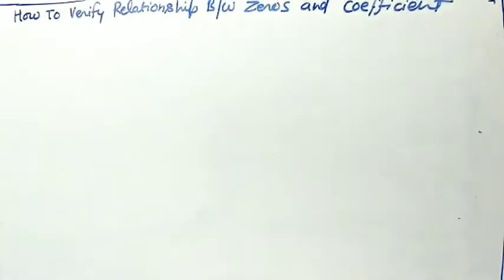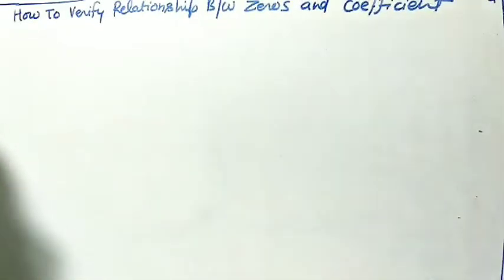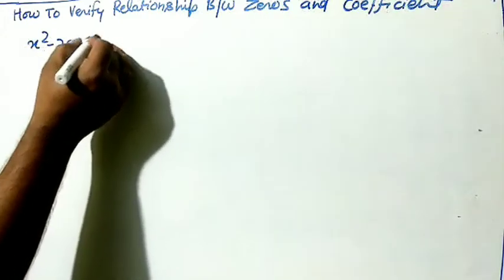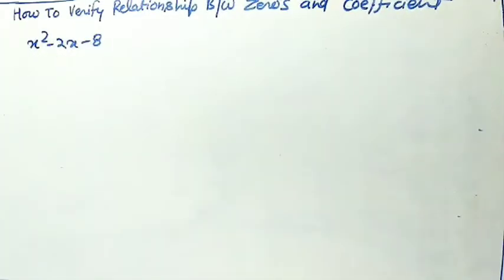So the next topic is how to verify the relationship between zeros and coefficient. For this I am taking the question of your exercise: x square minus 2x minus 8. This is a quadratic polynomial.